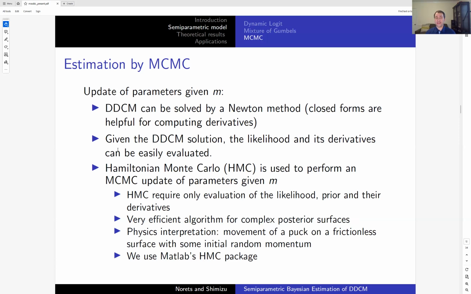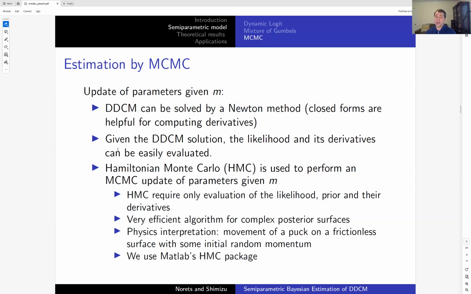So how do we do estimation? There is no conjugacy here whatsoever, because we have these Bellman equations, or values, that need to be obtained numerically. They are nonlinear functions of the parameters that we can evaluate by solving the dynamic program, but we don't have a functional form for them.